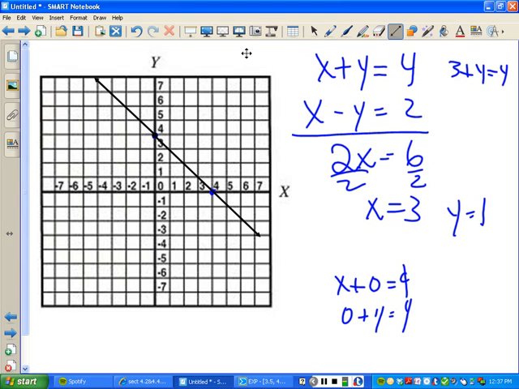Now, to graph the next one, x minus y equals 2, we'll graph that one in red. You graph that by doing the x-intercept and y-intercept. So if you plug in y as 0, you get x equals 2. So that's here. If you plug in x is 0, you get negative y equals 2, so y equals negative 2, right?